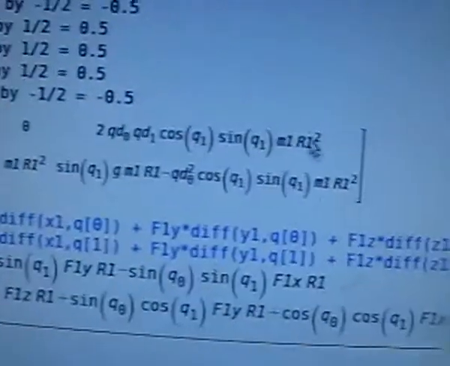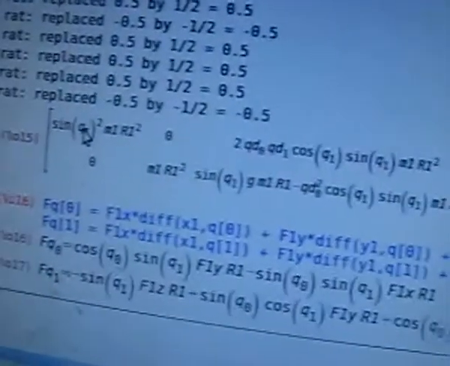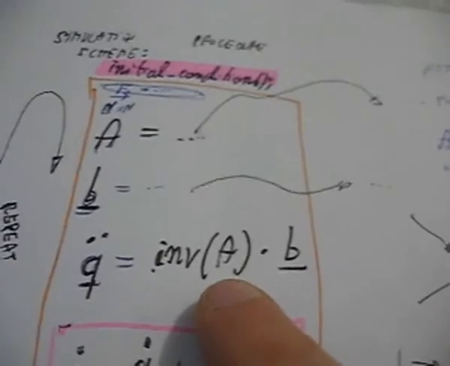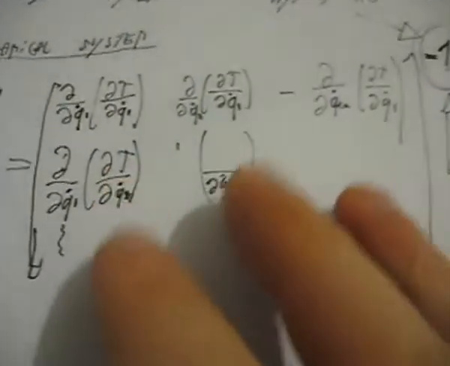It already starts to become convenient to forget explicit expressions like Q equals, Q1 equals, Q2 equals, and instead insert a matrix form, keep such a matrix in the computer program by doing the enlarged matrix, and send it to a linear system solving procedure, very simple, and thus find Q double dot, the vector containing the Q double dots, and then update the system.